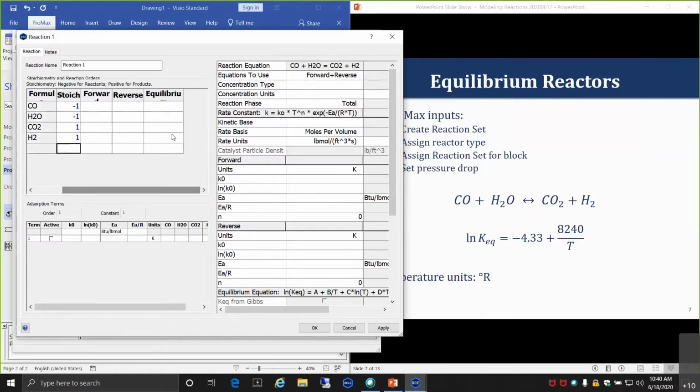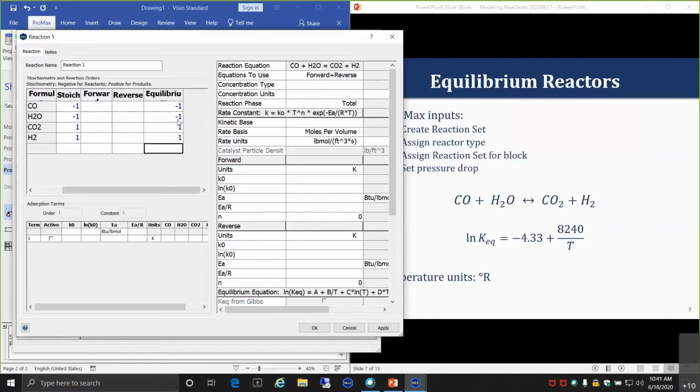This is going to be an equilibrium, so I need to provide the equilibrium coefficients as well. This is what the powers of these components are in the equilibrium expression.